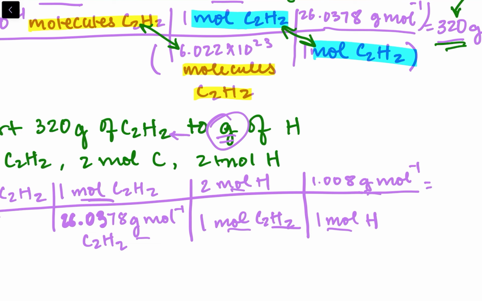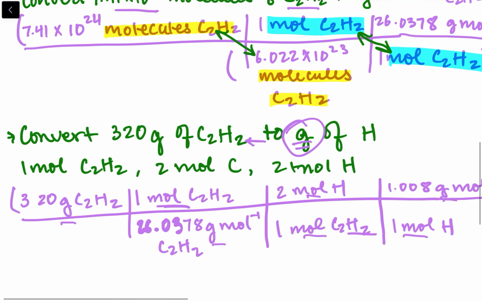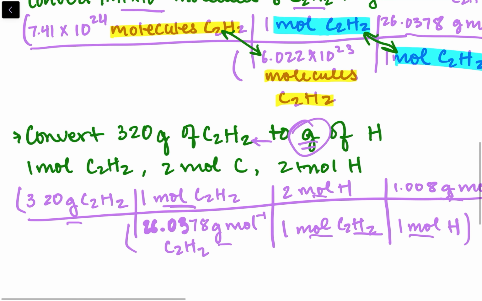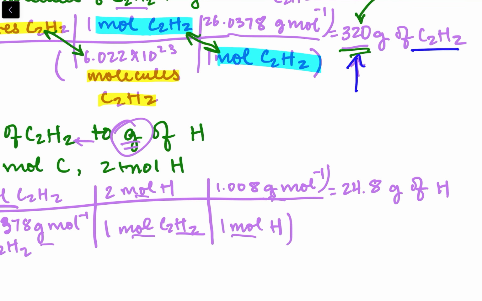And when we go in and actually do all the math, so we multiply the numerator, we multiply the denominator, and then divide the numerator by the denominator, we should get 24.88 grams of hydrogen. So in so many grams of this, we have so many grams of hydrogen.